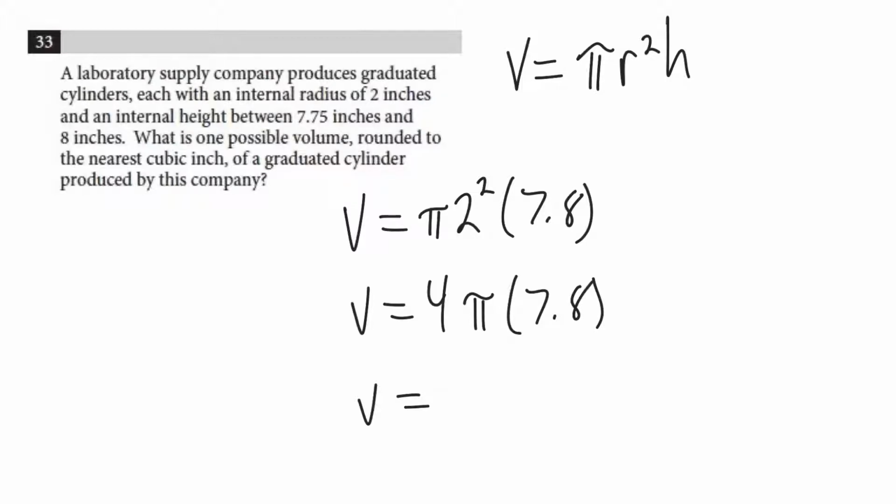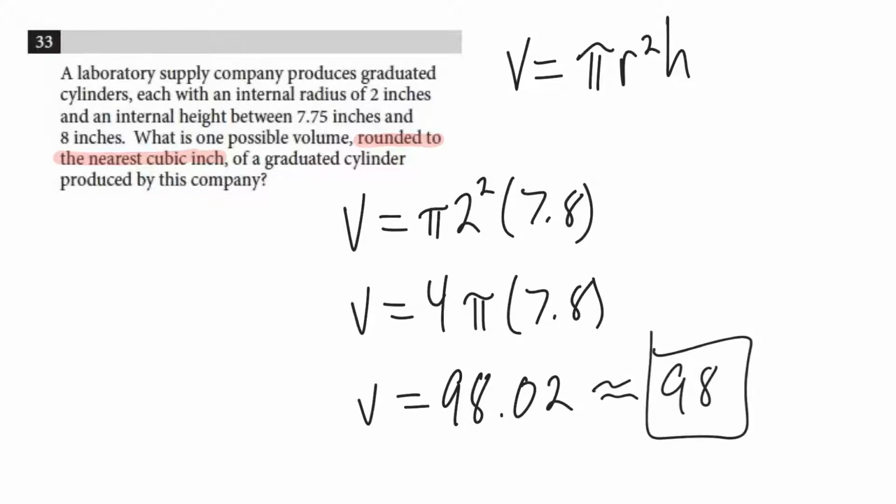That would be the fastest solution. We've got 4 times 7.8 pi, and we get 98.02. The question says to round to the nearest cubic inch. So let's just say that that is approximately 98 cubic inches.